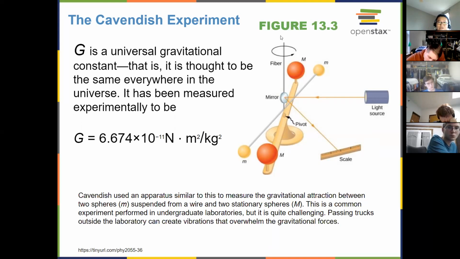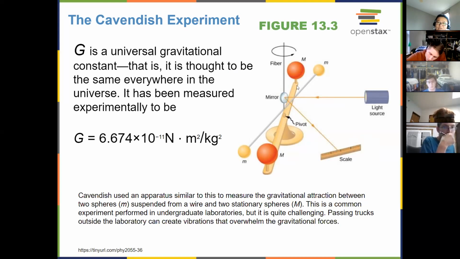But if you have a very good environment, this is what you can do. You have a fiber with a mirror on it, and originally these two small masses. You have a light source shining on the mirror, with an angle between the light path and the normal direction of the mirror. Somewhere you put a meter stick or scale, and the original light shines on a spot on the scale.